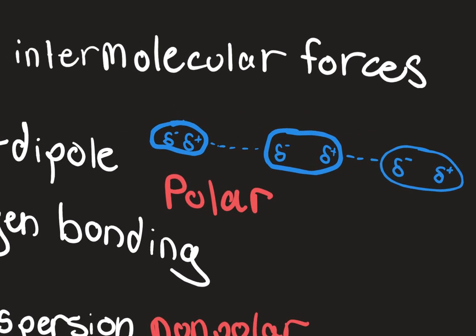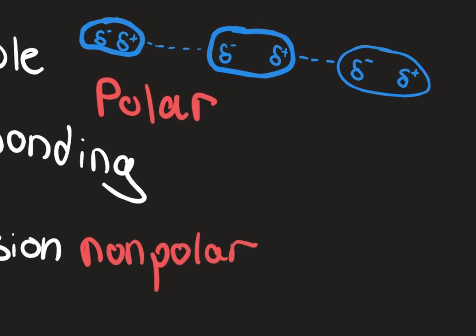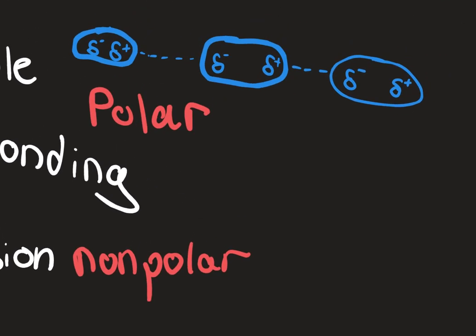So that's dipole-dipole. Hydrogen bonding occurs, again, between partial charges, but in this case, a hydrogen with a partial positive charge is involved.